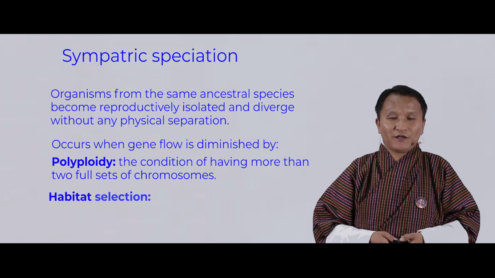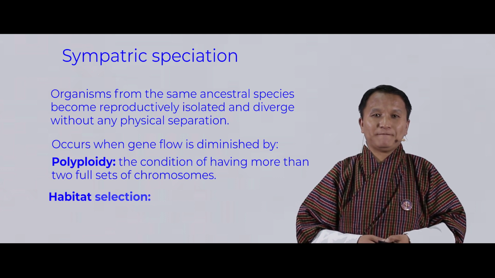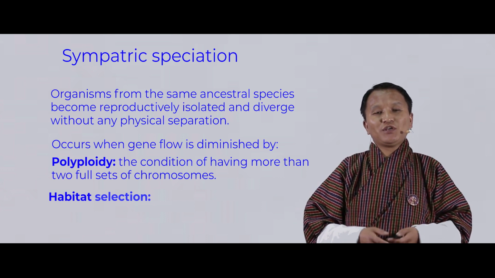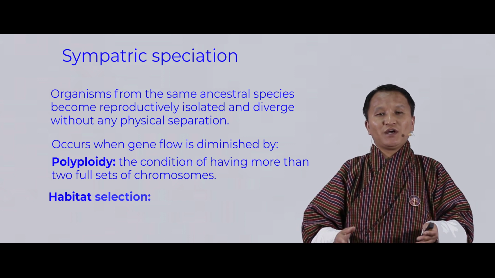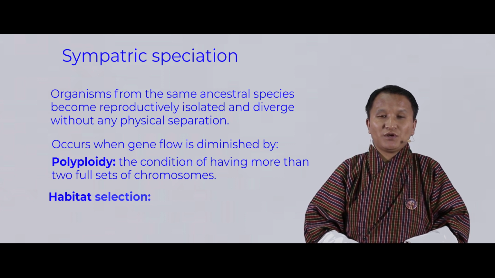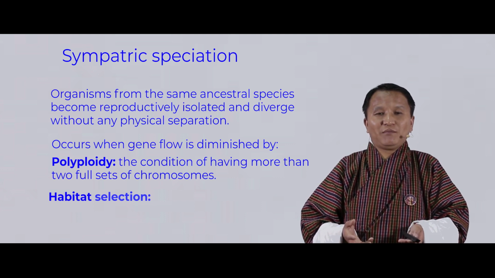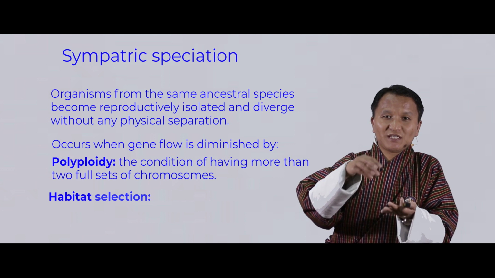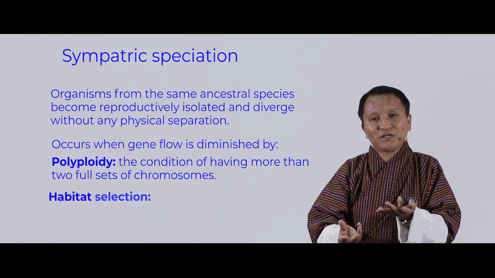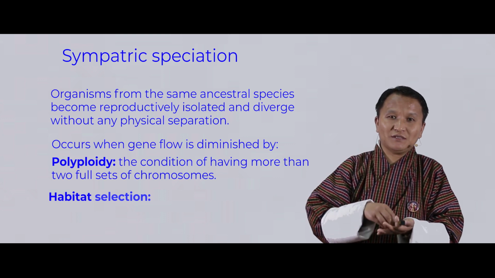And the second reason is habitat selection. Sometimes, because of some reason, the organisms tend to select a different habitat in the same space. The organisms, plants and animals, might be inhabiting the same place, but one might choose to live in water and the other might choose to live on the land.